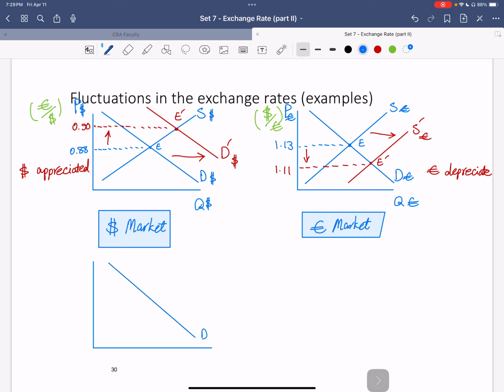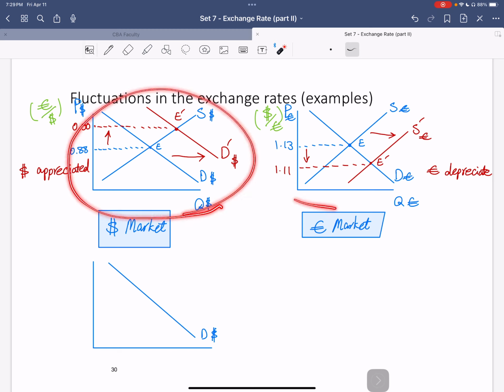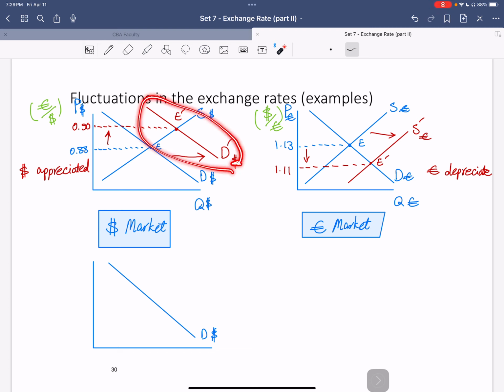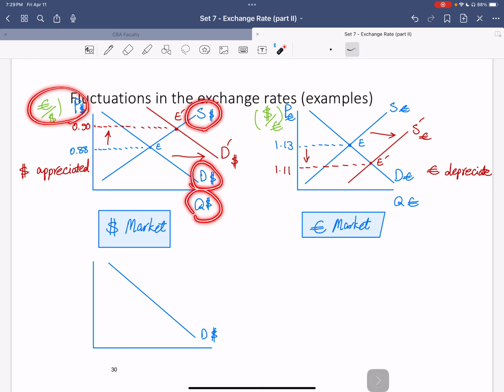If this is the demand for dollar, I would suggest you pause the video and try to do the same thing in these two graphs, but this time, instead of the demand for dollar going to the right, it will go to the left and it will be decreased.